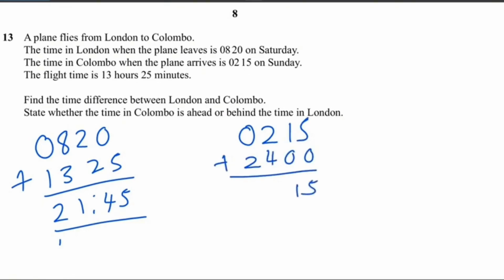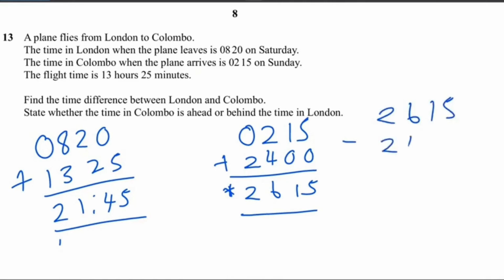Take note that there is no time like this, but for the sake of finding the difference, this is an intermediate step which you need to take so that you may be able to find the difference between the time of arrival which was expected, and the time of arrival which was experienced due to the different time zones. So now we're going to say 26:15 minus the time it was supposed to arrive, 21:45.